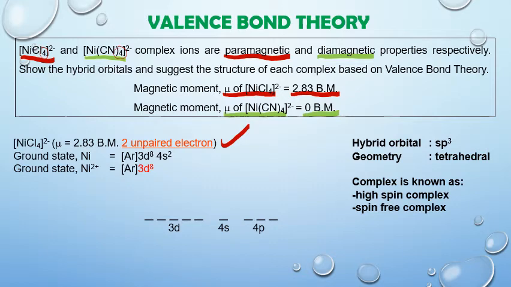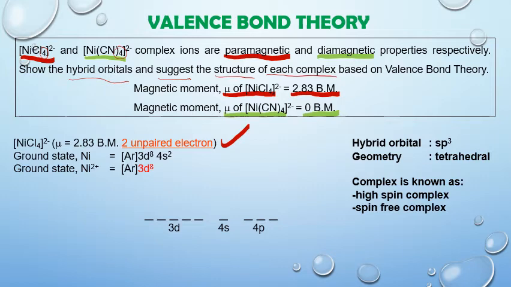It could be tetrahedral or square planar. So that's why in these questions you need to show the hybrid orbitals and suggest the structure, which is the geometry shape of each complex, based on valence bond theory.